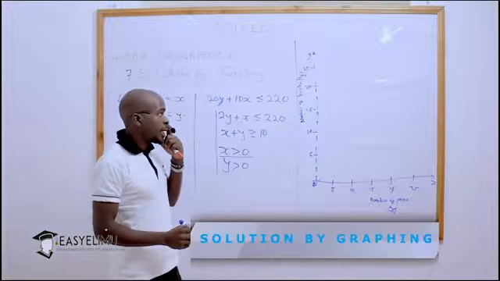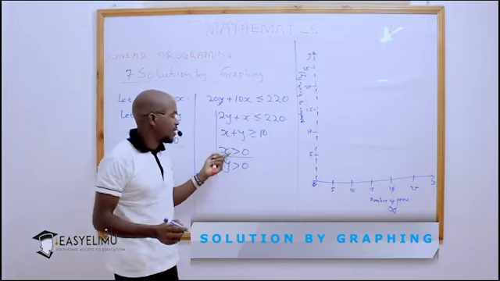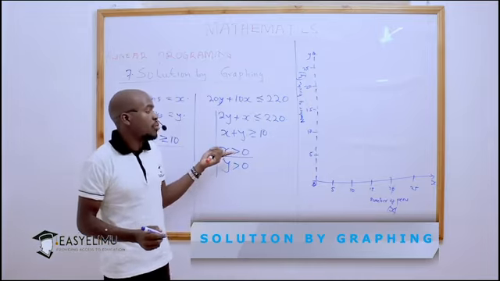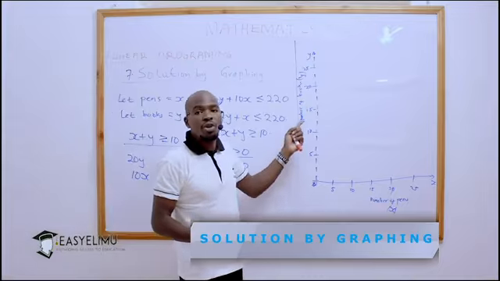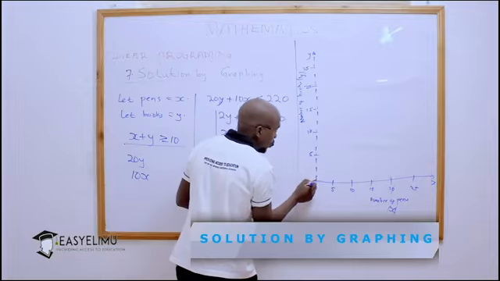The line changes to a dotted line simply because it is greater but not equal to. So the values found on this line are not considered because they are not within the range we need.